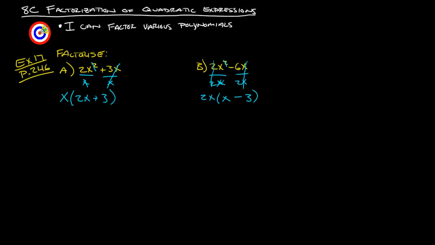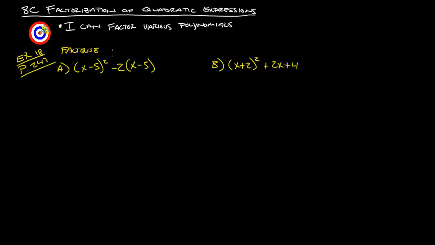All right. Next set of examples. Factorize x minus 5 squared minus 2 times x minus 5. This is kind of a weird looking one, but if you notice, they both have factors of x minus 5. So I'm going to pull an x minus 5 out of both of these.